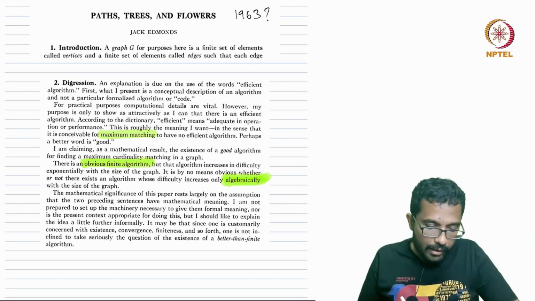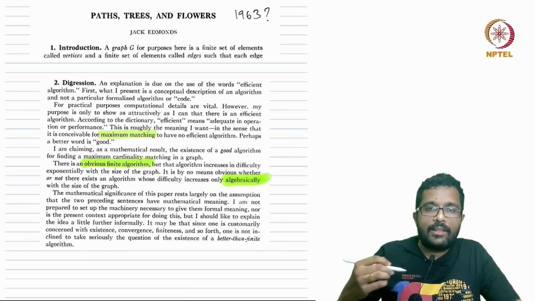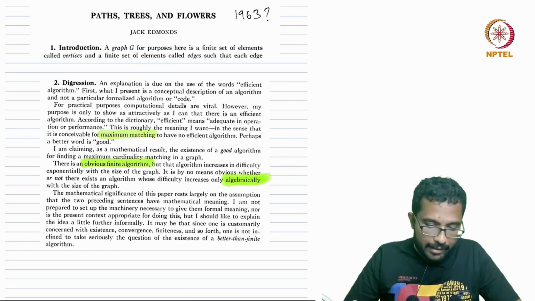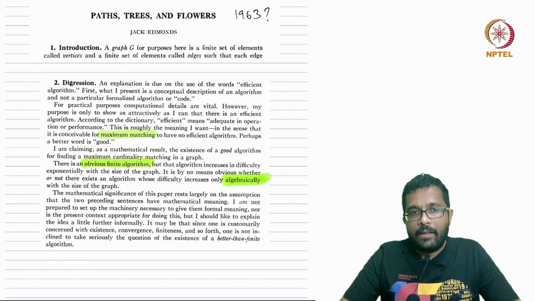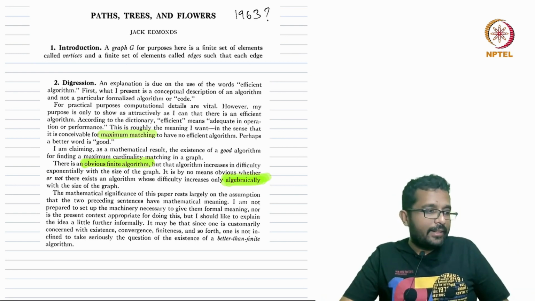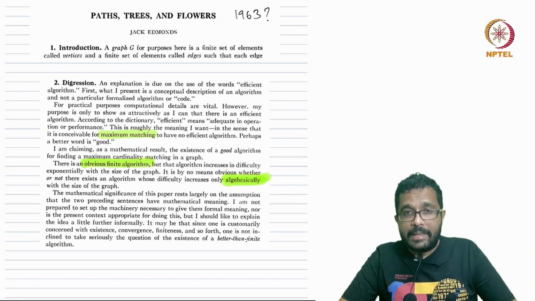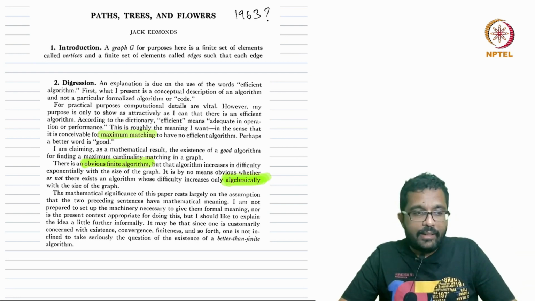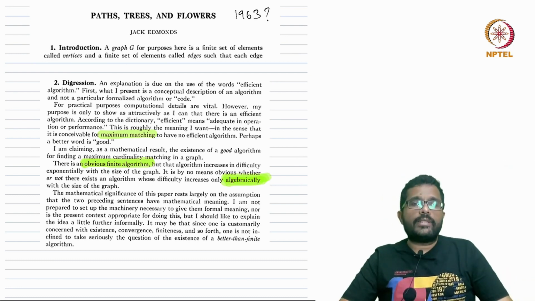And then he says the following, which is very interesting and very prescient, if you want to call it that: the mathematical significance of this paper largely rests on the assumption that the two preceding sentences have mathematical meaning. So he wants to say that obviously algebraic or polynomial is better than exponential, and assuming that, he goes to his algorithm.